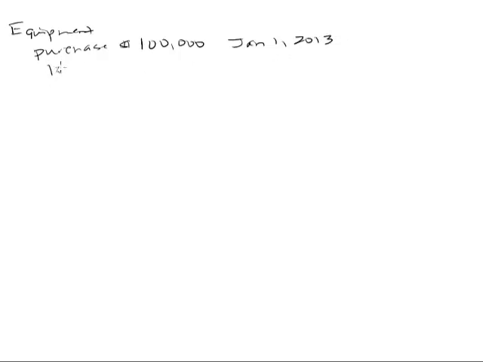It had a life of 4 years, and it had no estimated salvage, no disposal value. All right, when you bought it, we used straight line depreciation to calculate depreciation on this.